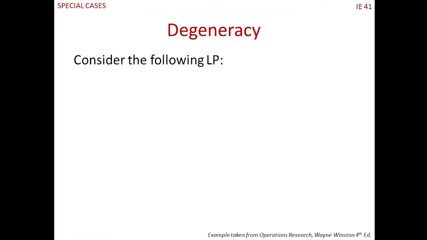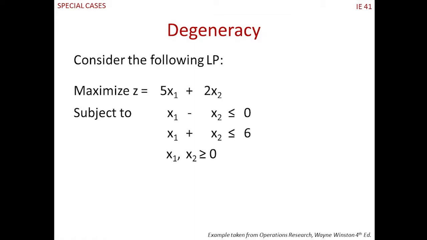Consider the following LP. Max z is equal to 5x sub 1 plus 2x sub 2, such that x sub 1 minus x sub 2 is less than or equal to 0, x sub 1 plus x sub 2 is less than or equal to 6, and x1 and x sub 2 are both greater than or equal to 0.